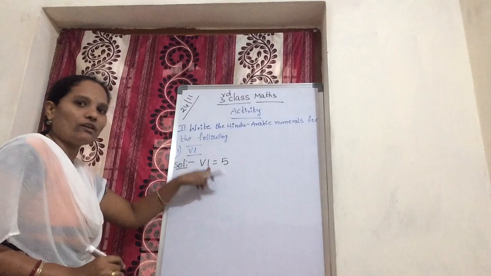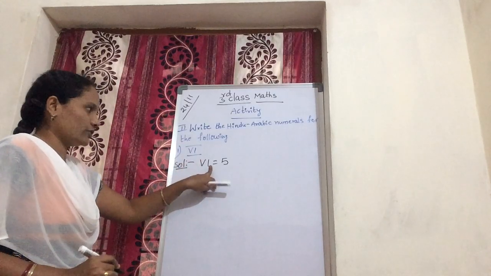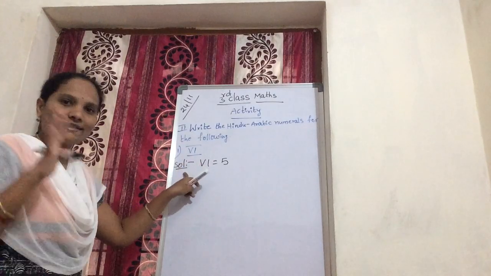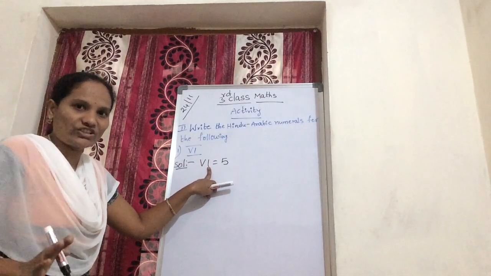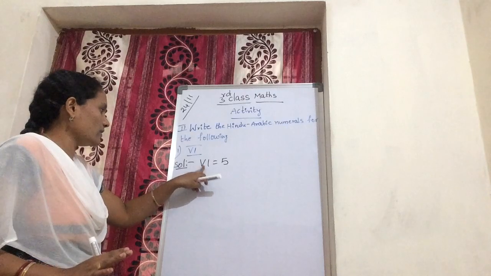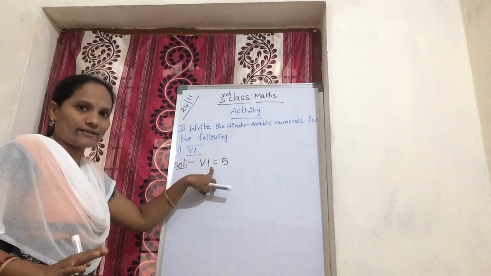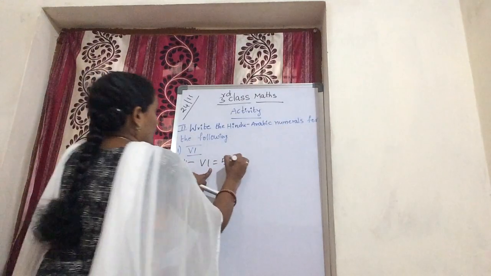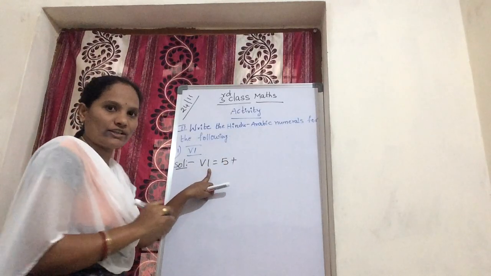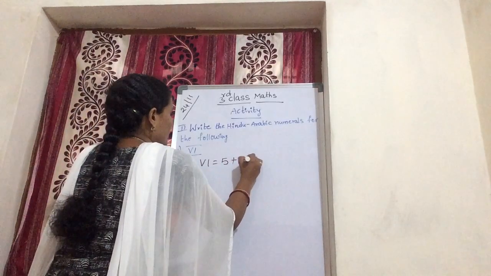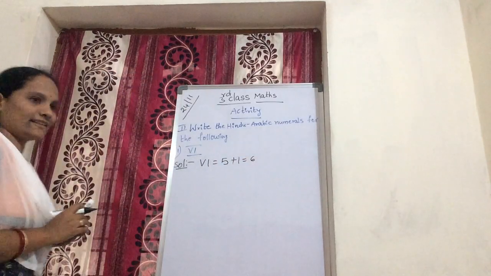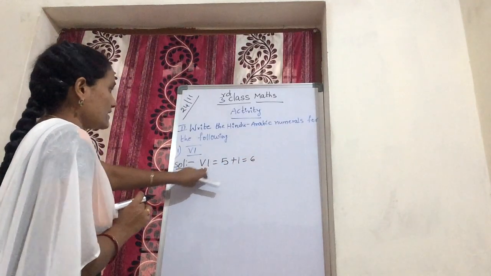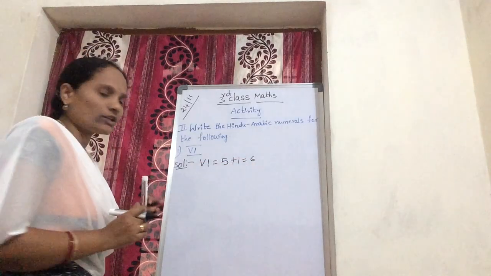After. Before means subtraction, after means you do addition. So V, and after it comes I. So you do addition. Now 5 plus 1, you get 6. Okay. This is the Roman numeral, and 6 is the Hindu-Arabic numeral.